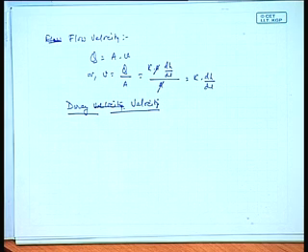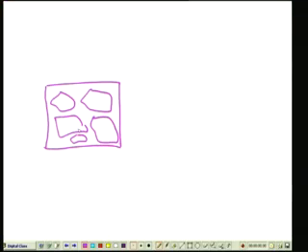If this is the cross section of the aquifer under consideration, in that cross section there will be some impervious zones and some pervious zones like this. Here you can see this is the impervious section.